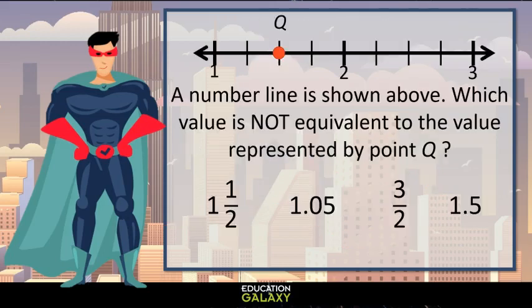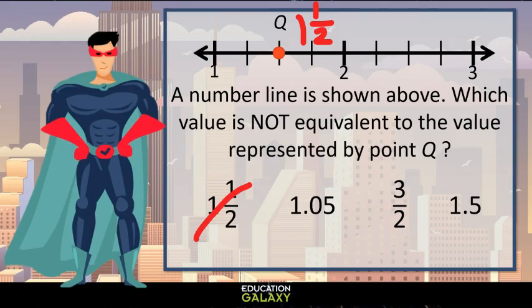Let's try another. A number line is shown above. Which value is not equivalent to the value represented by point Q? Well, our point Q is halfway, or 2/4, past 1, so our answer would be 1 1/2. So we need to see which answer is not equal to 1 1/2. Obviously this first one.